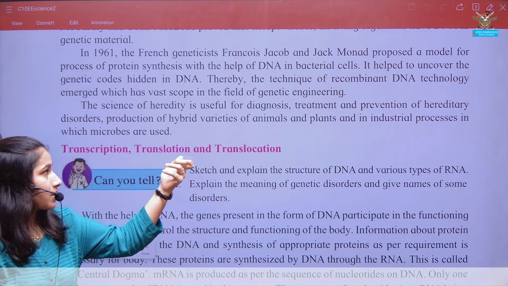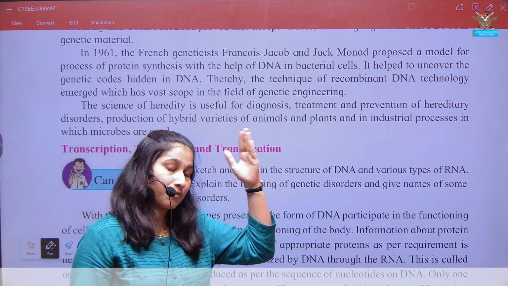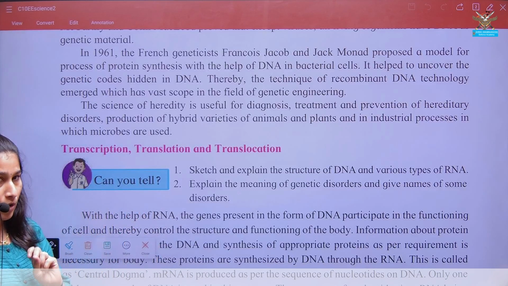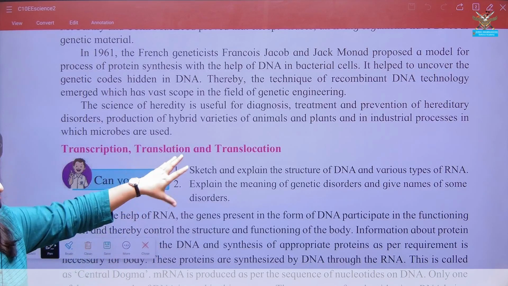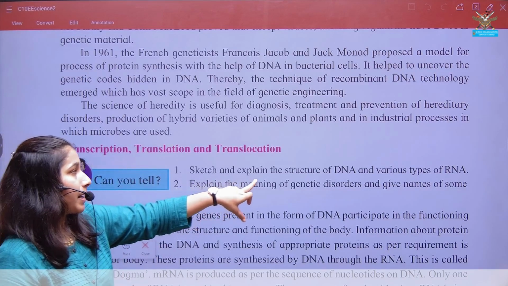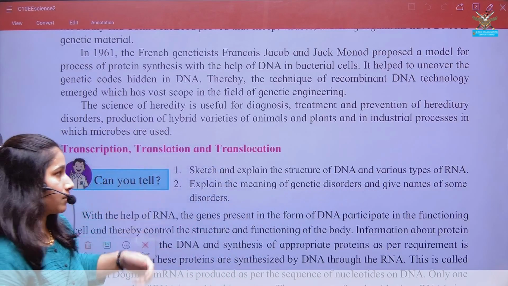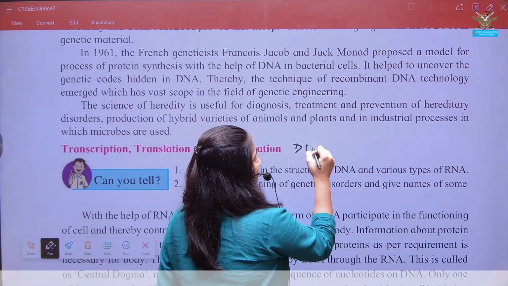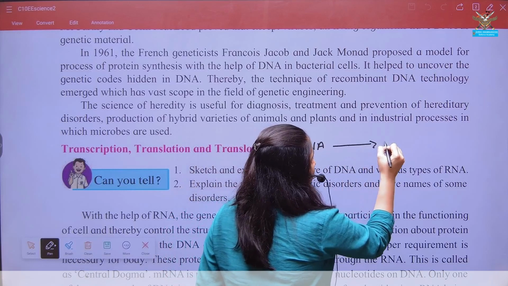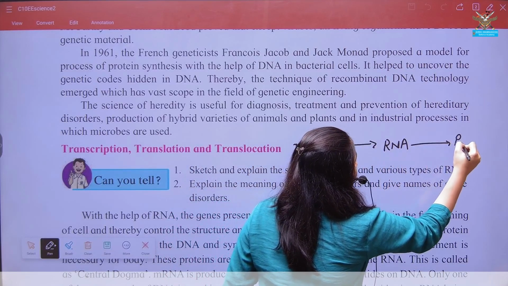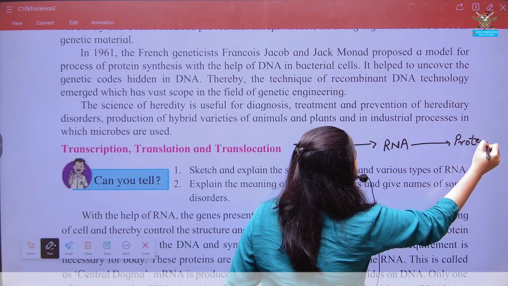Before transcription and translation comes replication. RNA is made from DNA via the process of transcription. From DNA your RNA is made, and from RNA you get a protein molecule.